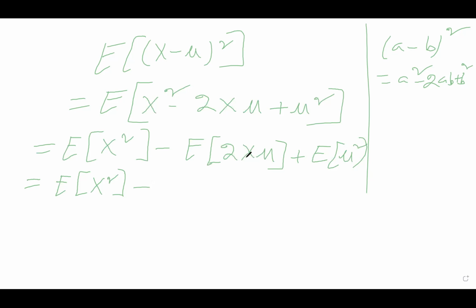So we take out 2 and mu, and then we have the expected value of x. Plus, mu squared is just a number, we do not have x there, so you can just write mu squared. Is it clear? Any question?